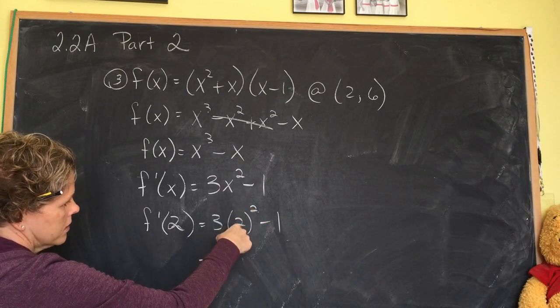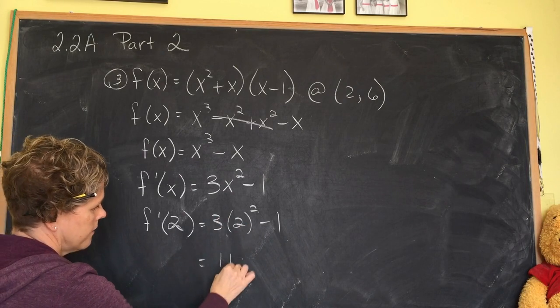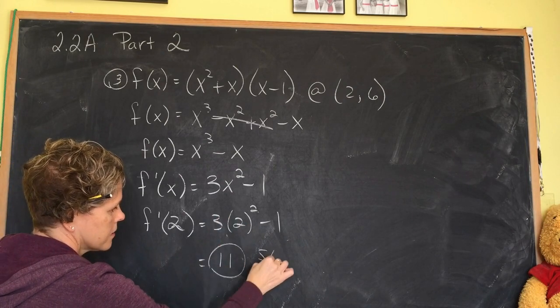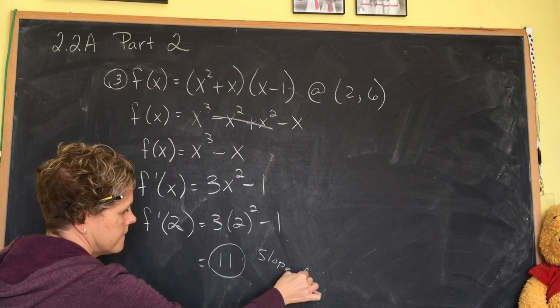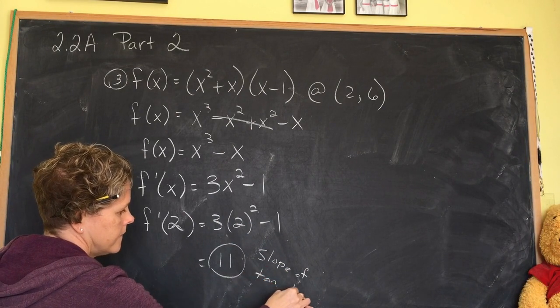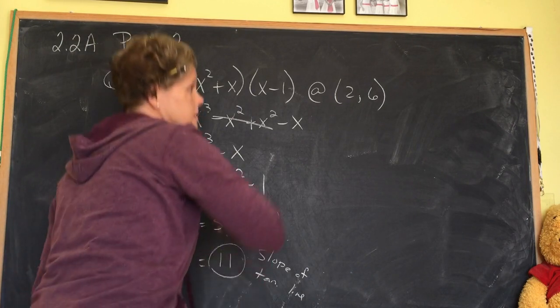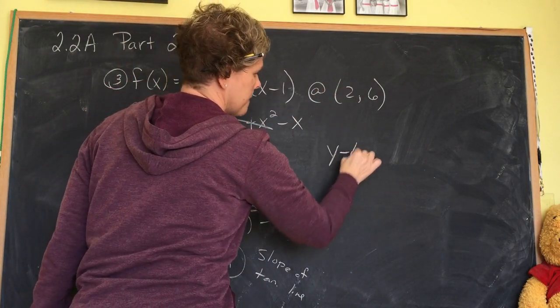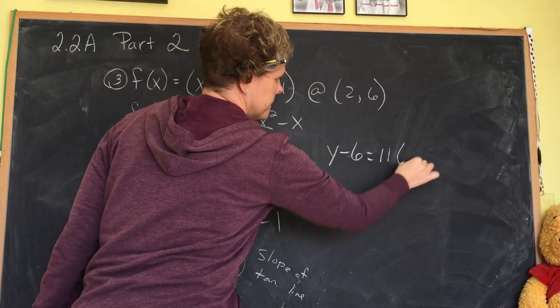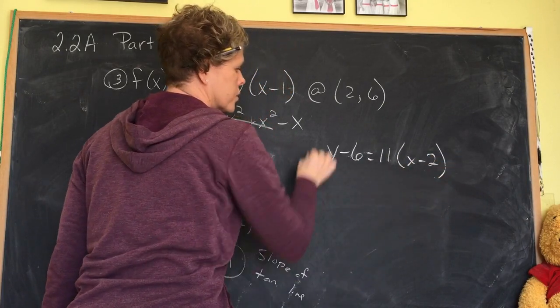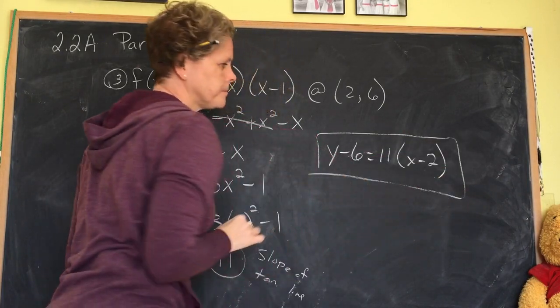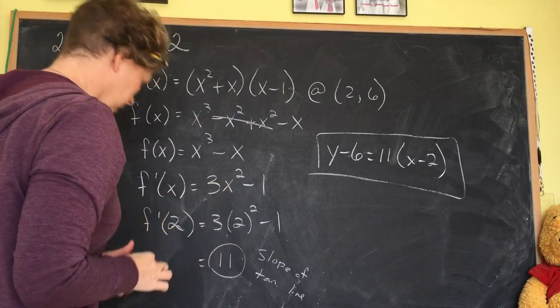That's 4 times 3 is 12, minus 1 is 11. That's my slope of the tangent line. The directions say what's the equation of the tangent line. So if that's the slope and that's the point, there's your equation of the tangent line. All right, there's a problem 3.